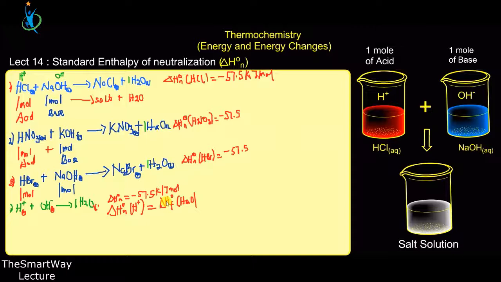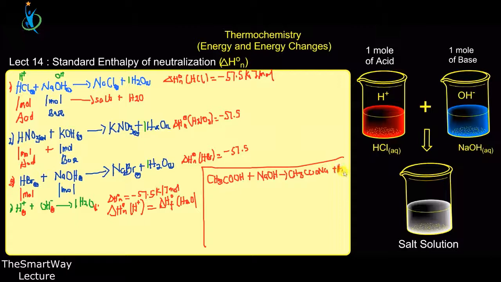So for instance, if I have a weak acid like ethanoic acid, and I add it to a strong base, I will get what we call sodium ethanoate, that is the salt, plus water.